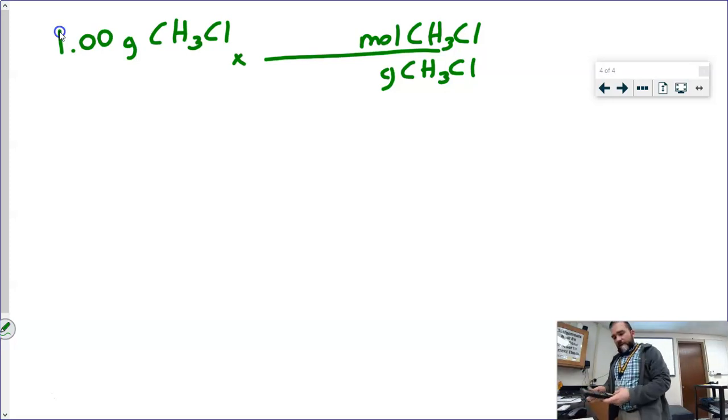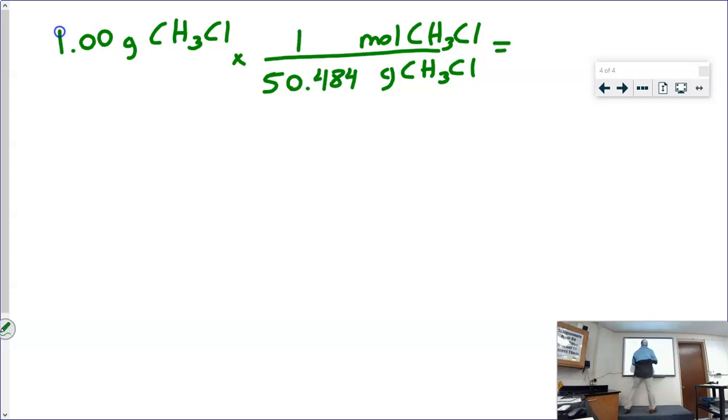We have a new one. All right, so CH3Cl, carbon is 12.01 plus 3 hydrogens, which is 3 times 1.008, plus a chlorine, which is 35.45. So I get a molar mass of 50.484. And I get how many moles of my CH3Cl? I get 1.98 times 10 to the negative 2. Okay, and that's moles of CH3Cl.